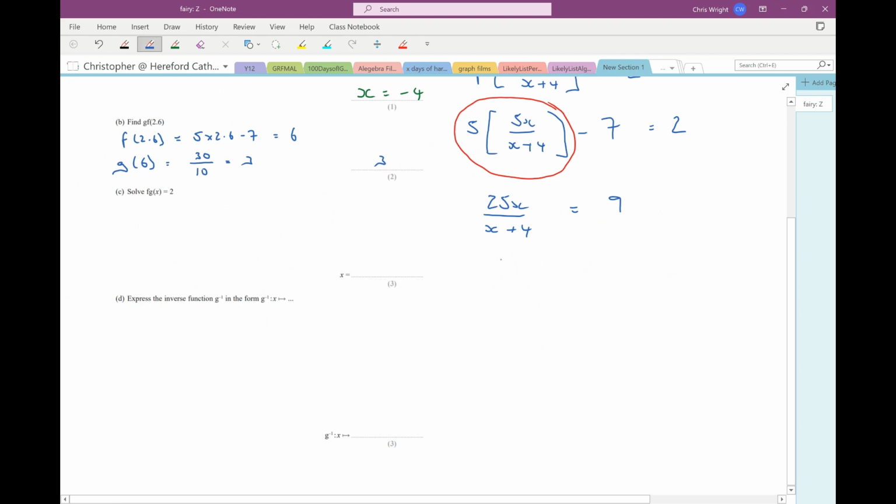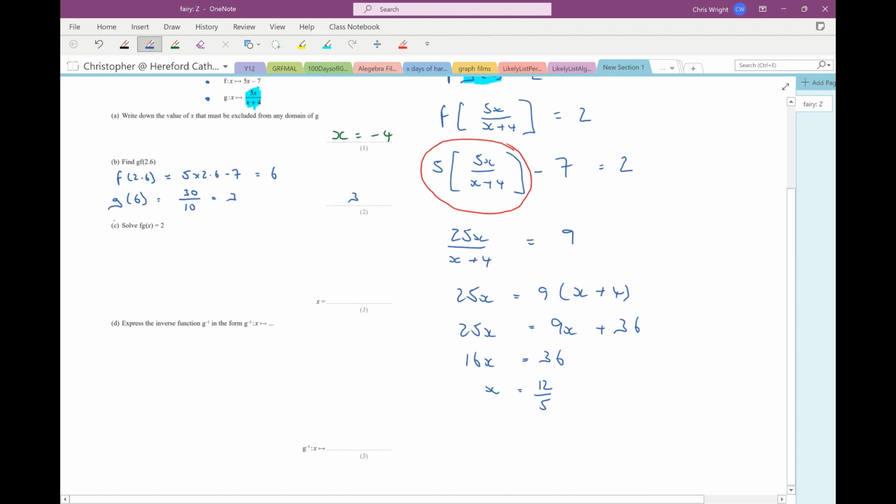Multiply both sides by x plus 4. 25x equals 9 lots of x plus 4. 25x equals 9x plus 9 fours are 36. Subtract 9x from both sides. 16x equals 36. Divide both sides by 16, and x equals 12 over 5, or 2.4. So there's my solution for part C.